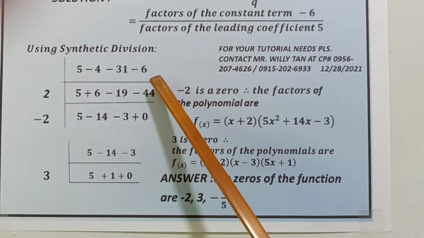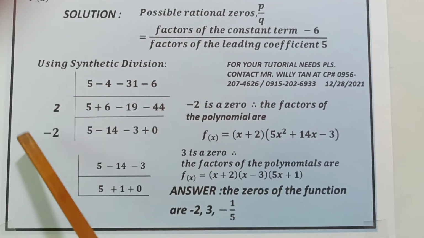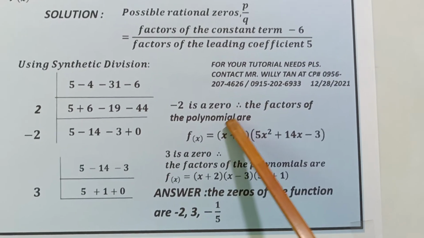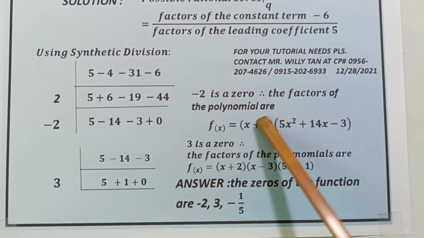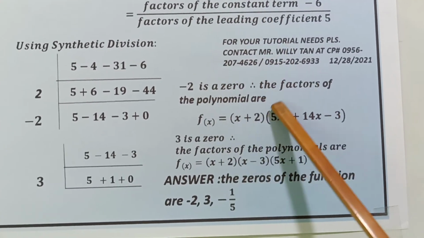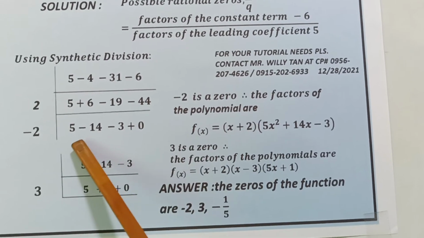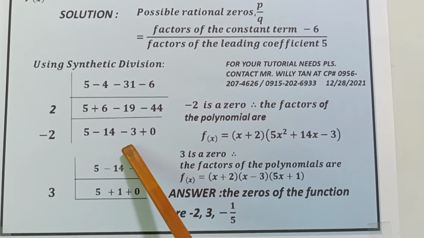And -6 plus 6 is 0. So -2 is a zero of the polynomial, and therefore the factors of the given polynomial are f of x equals x plus 2 times 5x squared minus 14x minus 3.